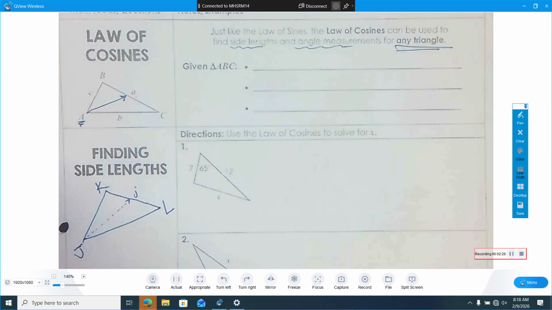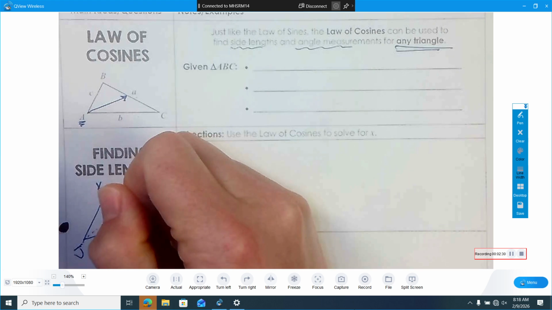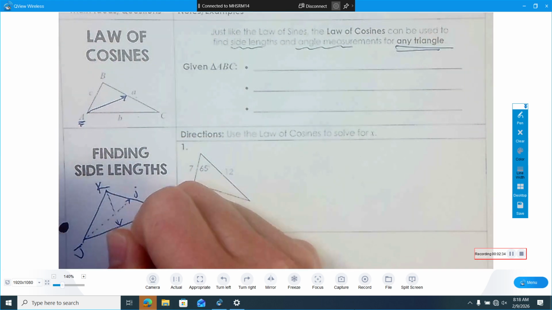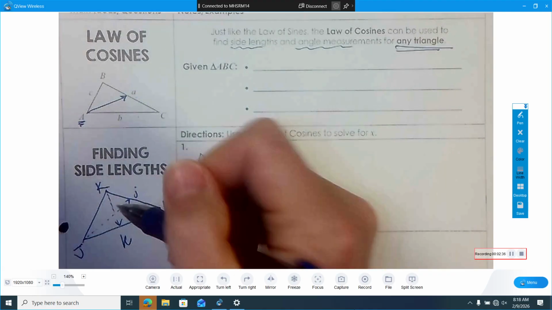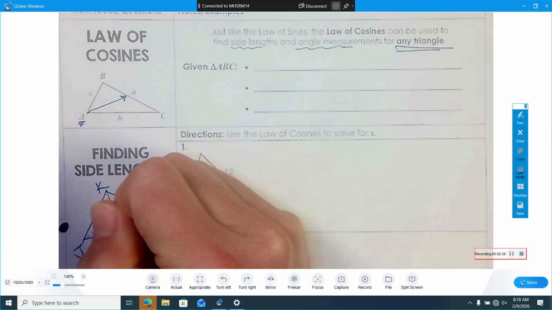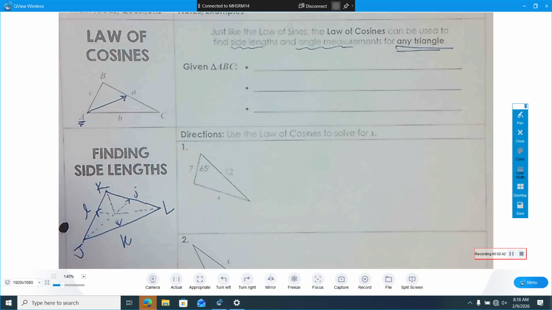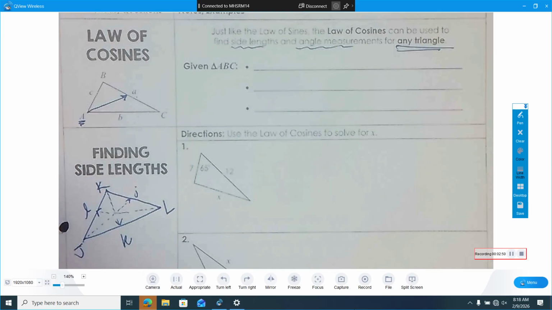Little j. And what side is opposite angle K? Little k. And what side is opposite capital L? Lowercase l, which I write as script letters just to avoid confusion. But it is important that you understand how to set up these triangles, and they're going to use different letters, okay? So it's not always A, B, and C.